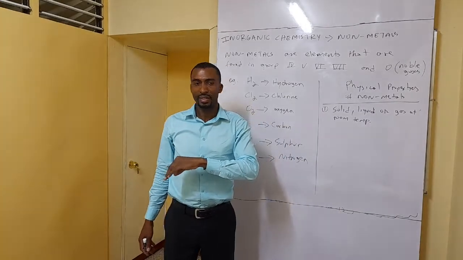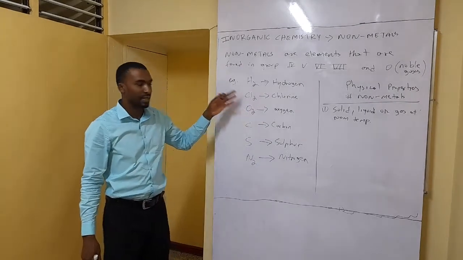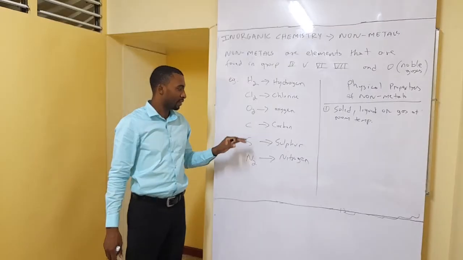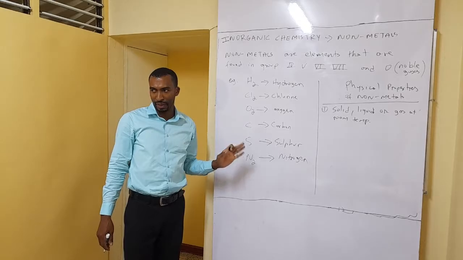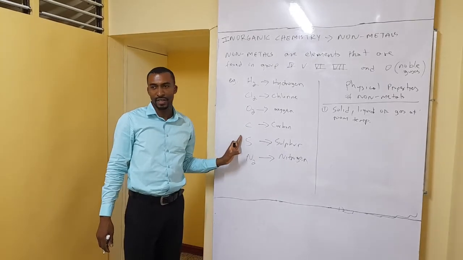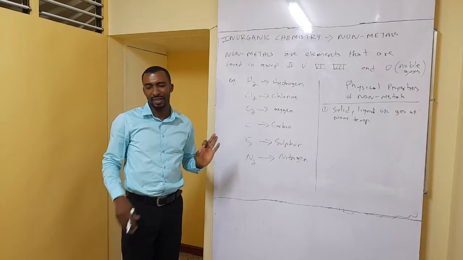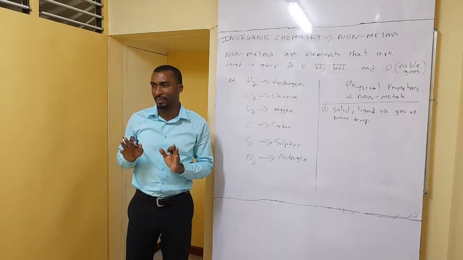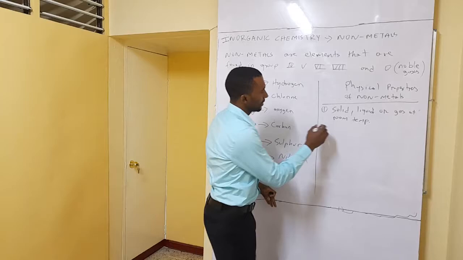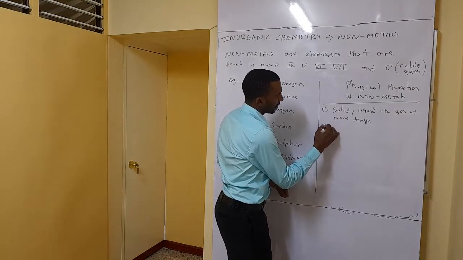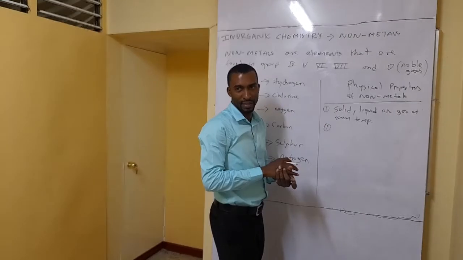Most of them are gases at room temperature. Bromine, Br2, is a brown liquid, and sulfur is a solid. So it varies.